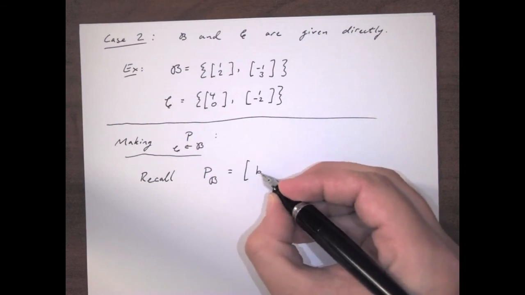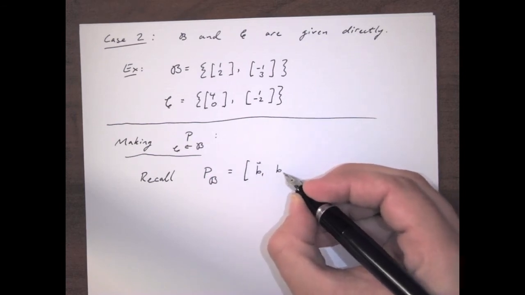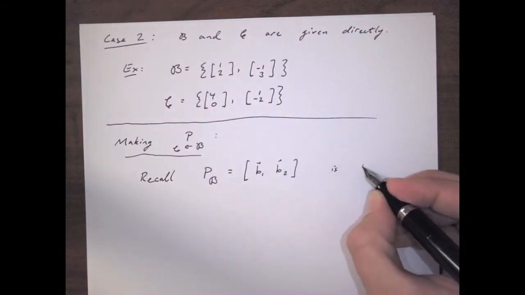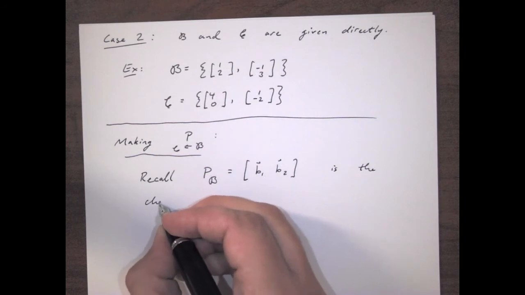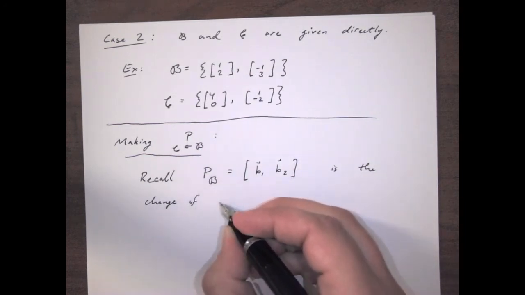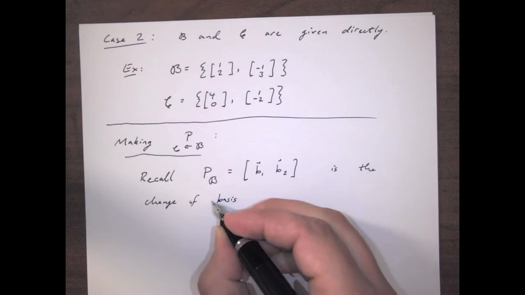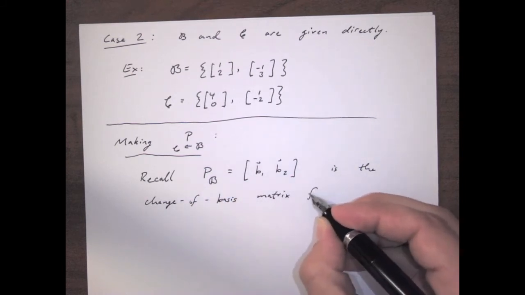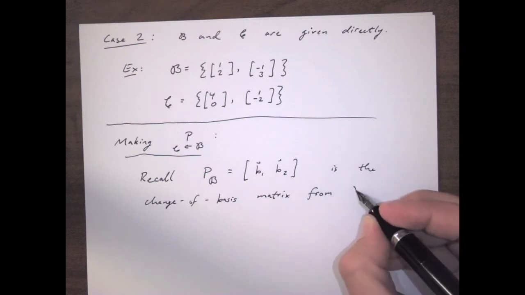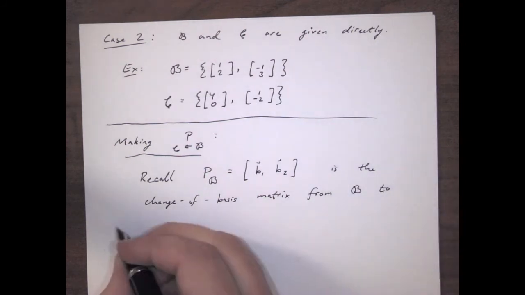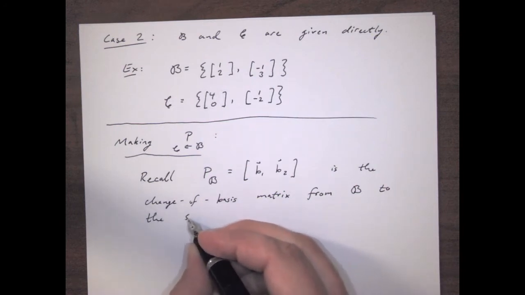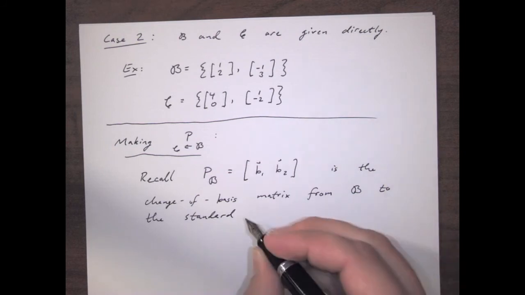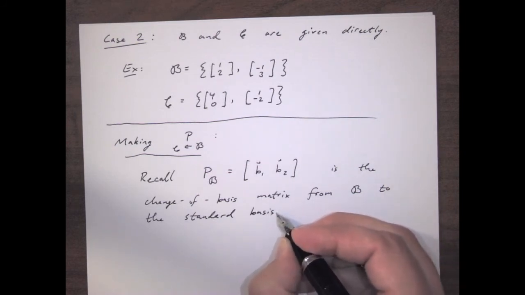So this is equal to just B1, B2, and this is the change of basis matrix from B to the standard basis.